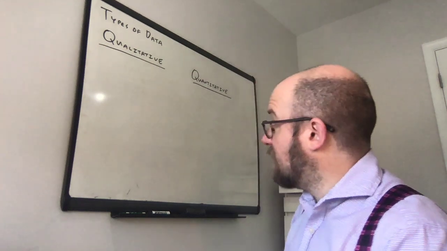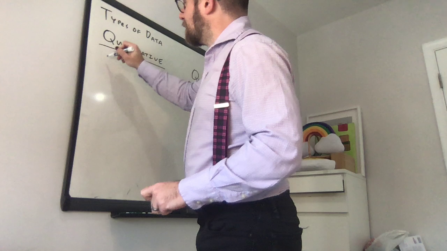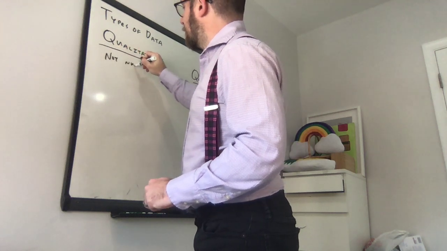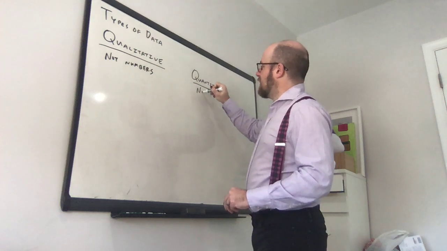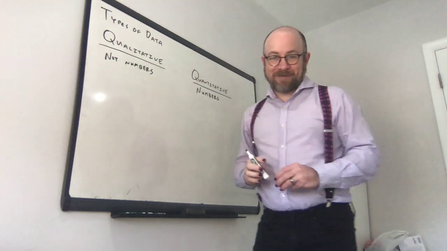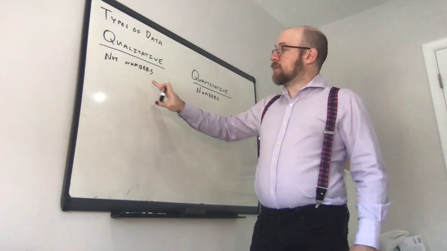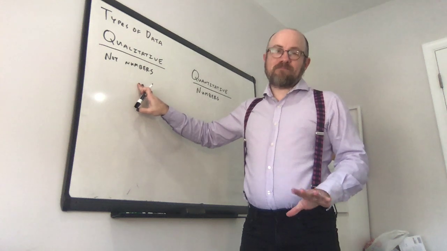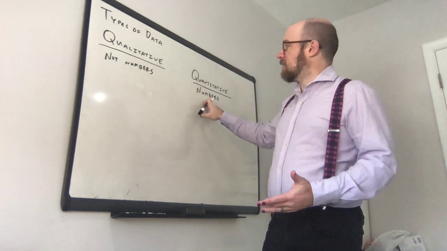So qualitative data is not numbers, anything but numbers. Quantitative data is numbers. Okay, and that's as simple as it is, and it really is that easy, right? There are maybe some small complications, but it's pretty simple to tell between qualitative and quantitative data.